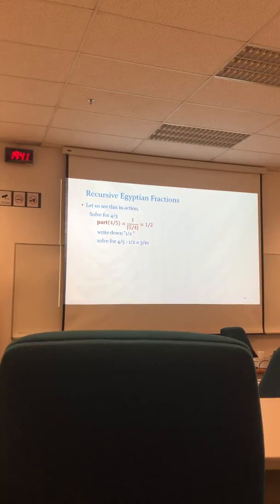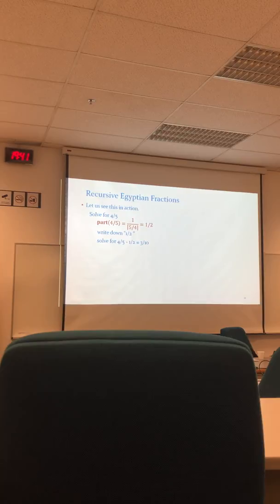Originally, we wanted to find the Egyptian fraction of 4 upon 5. Now, after we use the part f function, we have concluded the first term should be 1 upon 2. Okay? Since the first term is 1 upon 2, now the next step, we will find the Egyptian fraction for the remaining value. Since you already found the first term, you subtract it away: 4 upon 5 minus 1 upon 2. Then this is the remaining value.